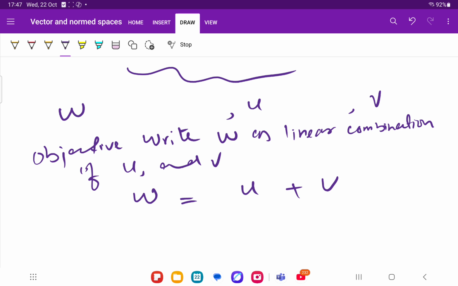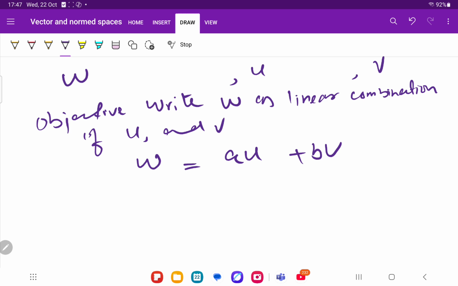In the lecture notes they have mentioned a and b, but you could use c1, c2, whatever you want. These are the coefficients. If you can write w in this form, that is called a linear combination.